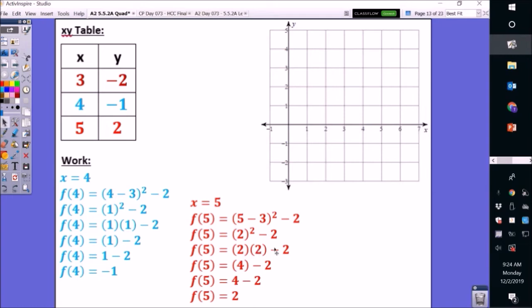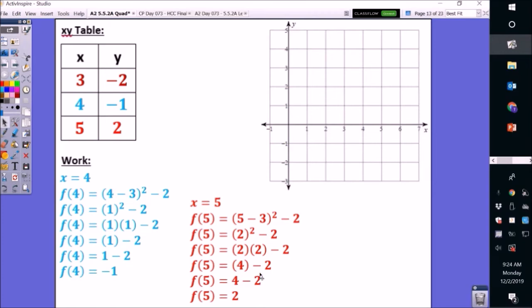But don't forget, I still have that minus 2 in the back. So here, 2 times 2, when we multiply, that's going to be a positive 4. I still have my parentheses for best practice. And then carry down the minus 2. Now at this point, I'm going to examine. Since I have nothing to distribute from outside the parentheses, that's when I can let go of the parentheses and keep the number 4, and then bring down the minus 2.